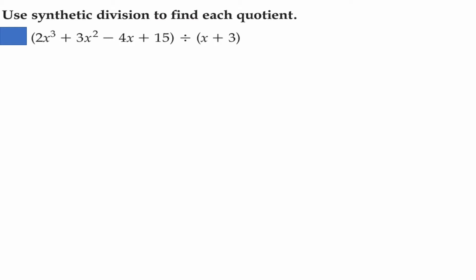So let's see here. If you have a polynomial and they want you to divide it by a binomial, your first step is to look at the divisor itself. What is the coefficient of x? The coefficient of x, for example, is 1.